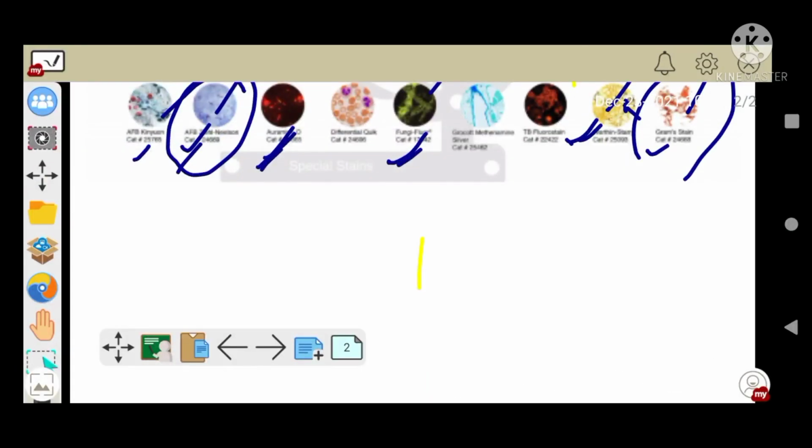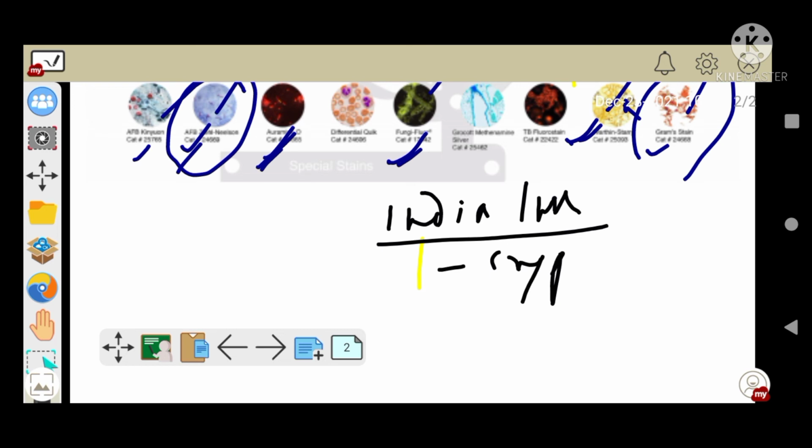Okay. So other stains are like India ink. India ink is for Cryptococcus, right? So India ink for Cryptococcus.